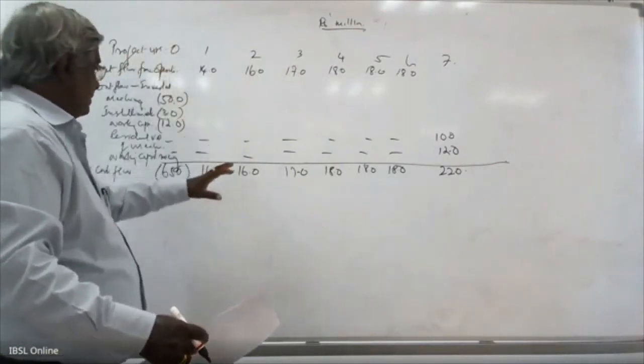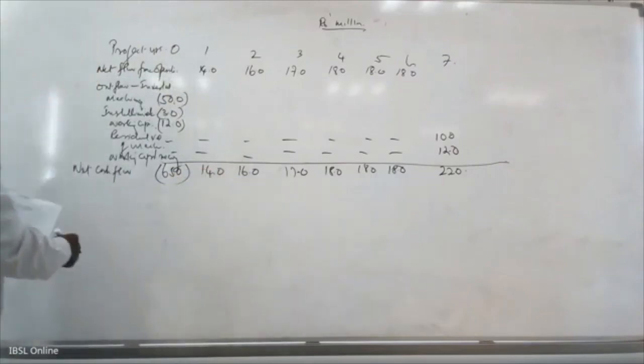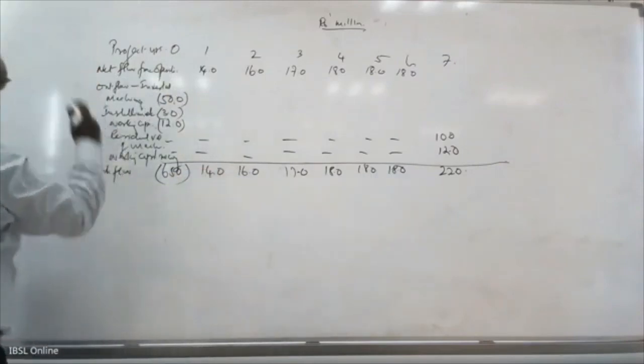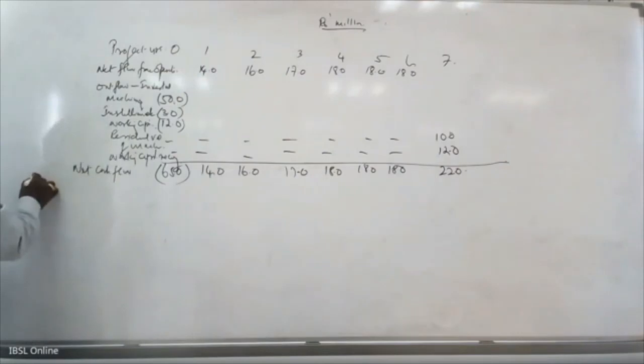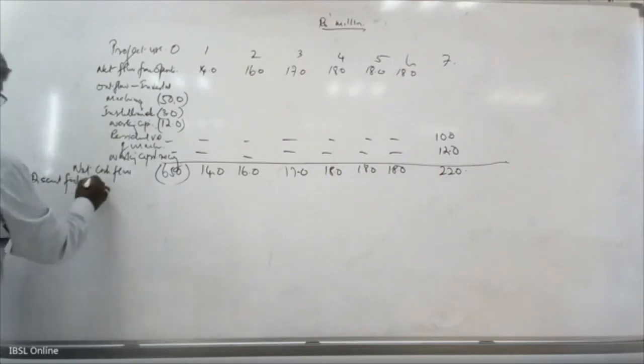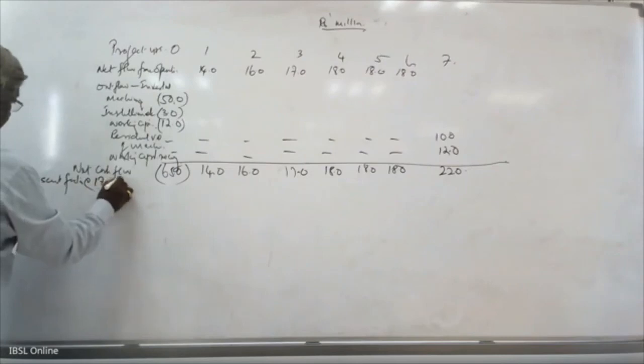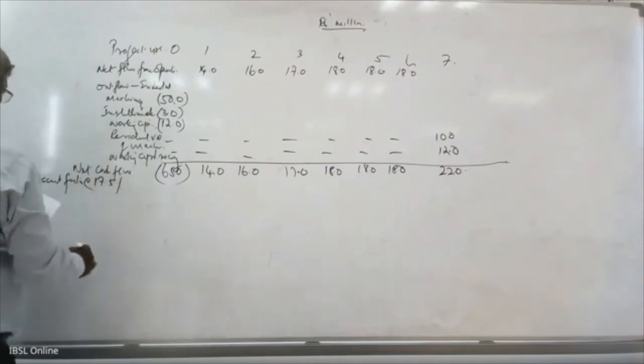So there won't be any this one. Now again, this net cash flow, then the discount factor. Discount factor at what rate they are borrowing? 17.5% PA.